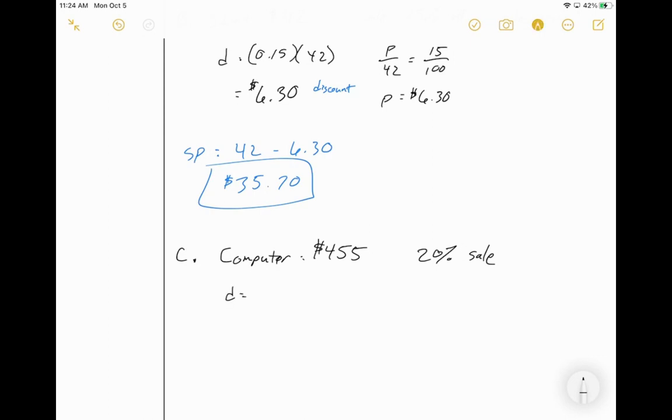Okay, so here we go. My discount is equal to 20% times 455. So that's going to be a discount of, I believe, $91. All right, so here's my discount, 91 bucks, and then I just subtract it away, right? So my sales price is equal to 455 minus 91, which is equal to 364.